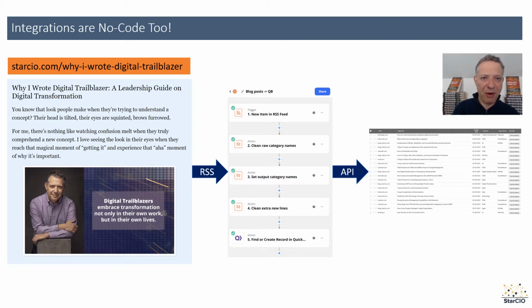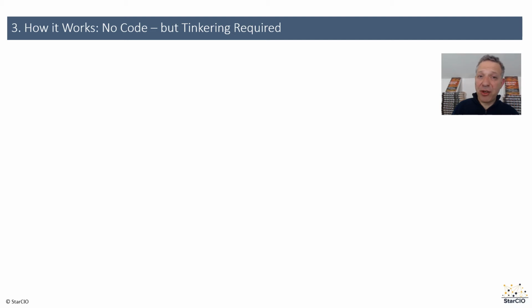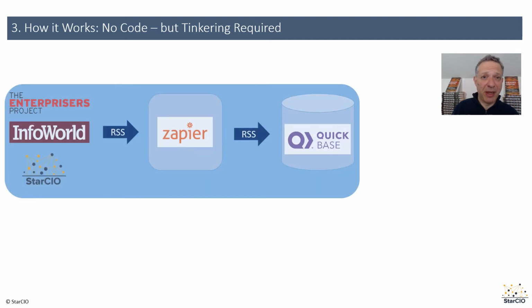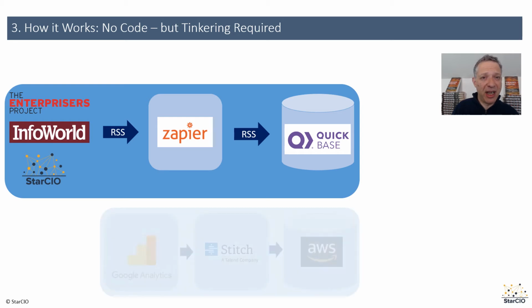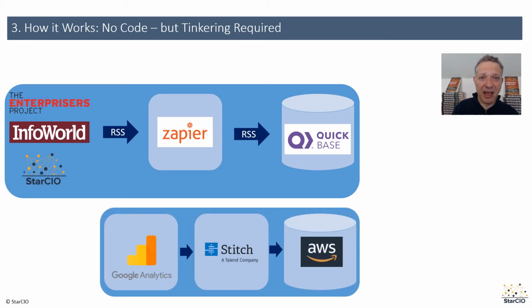I do that with InfoWorld and my other publishing, and I'm now going to show you what the underlying architecture looks like in whole. I've already explained how Zapier is used to load in RSS feeds. I have a separate integration that's pulling in my analytics, at least from my blog, off of Google Analytics into a Postgres database as an RDS database on AWS.